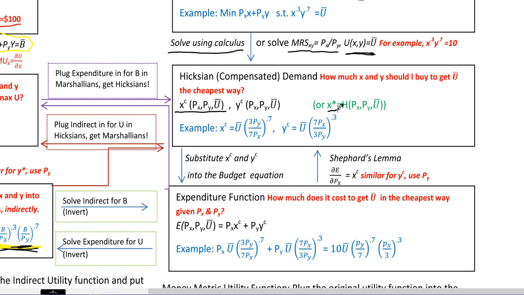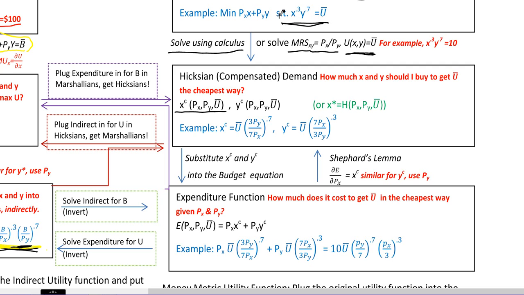The things I have in green are just alternate notation sometimes people will use. They'll say this is a function h of the price of x, the price of y, and some fixed amount of utility.